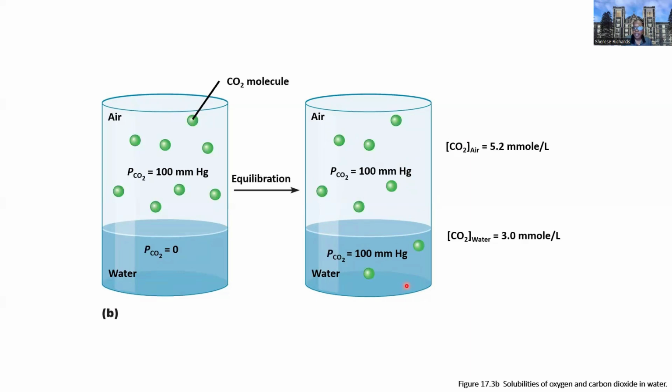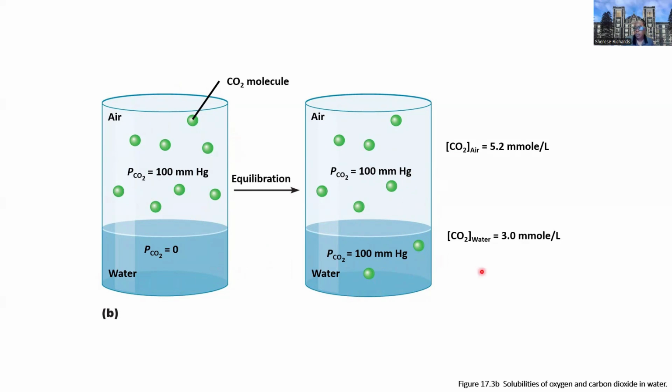And comparing that to the same experiment set up for carbon dioxide, we have our beaker exposed, no carbon dioxide to begin with in the water. It's exposed to carbon dioxide with a partial pressure of 100 in the air. And then when it reaches equilibrium, the gases have equal partial pressures: CO2 in the air at 100, CO2 in the water also at 100. Now it's at equilibrium, when we no longer have any movement.